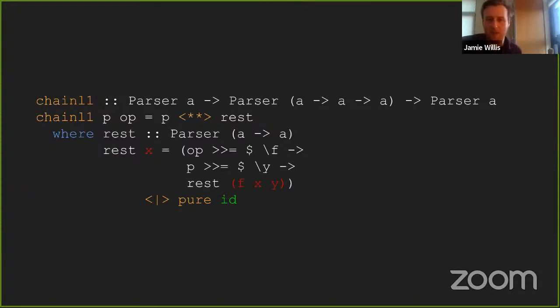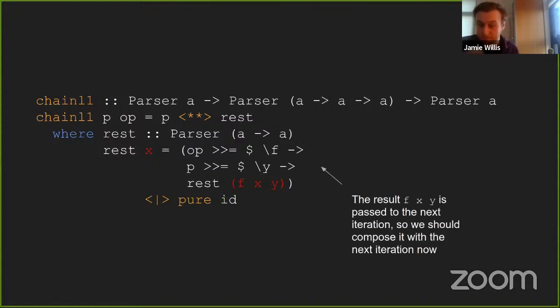Now things get a bit tougher. So the key is to recognize that rest will take in the result of this left associated bit and pass it on to the next bit, so the wider context. And when we're working with functions, that means we just need to compose it somehow.